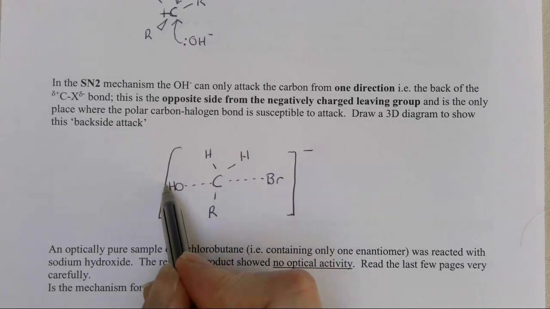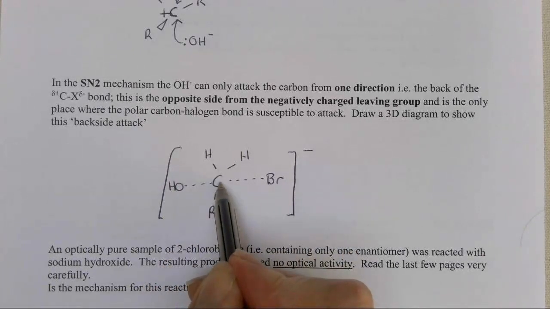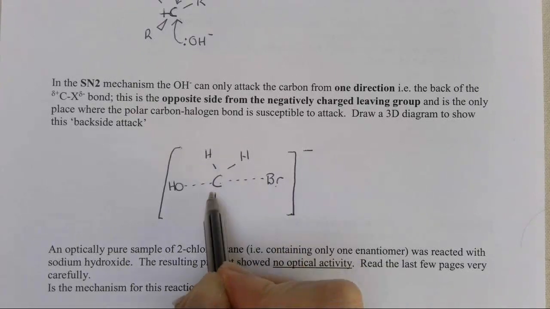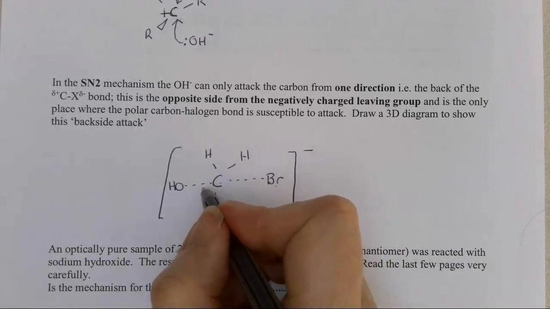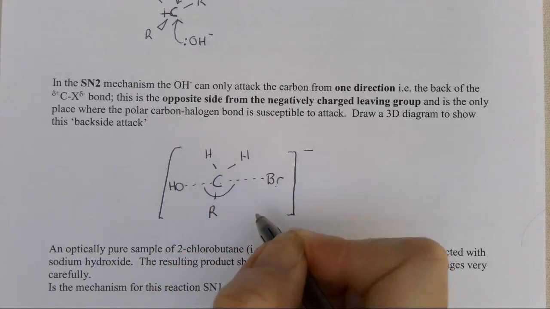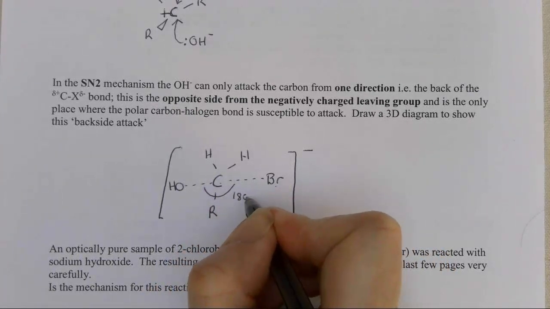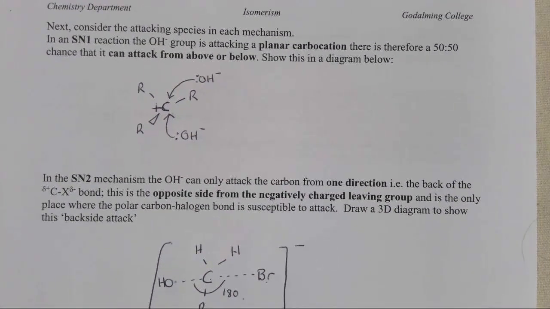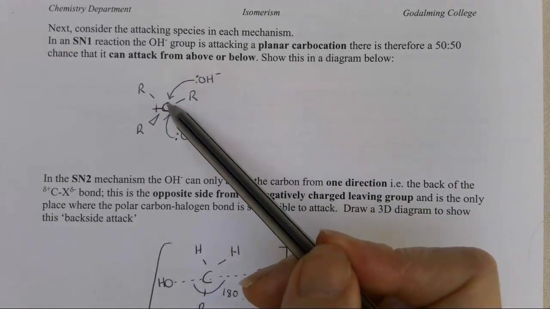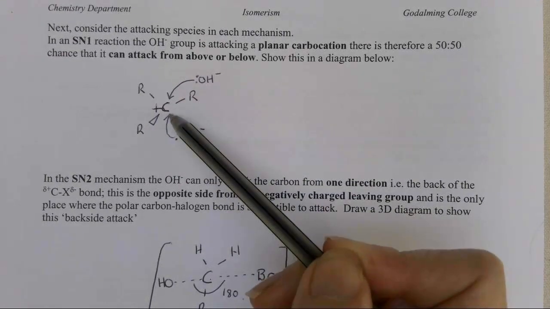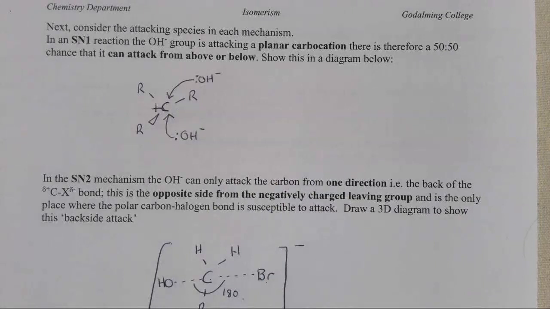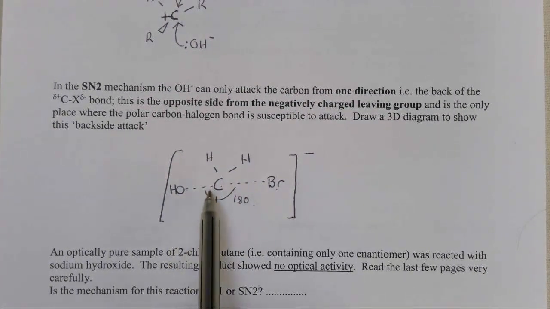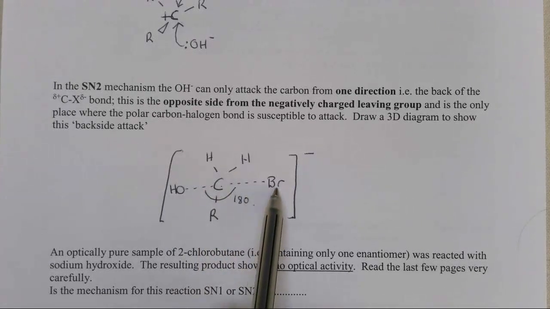So the OH group can only attack this carbon from the opposite side to the leaving group. So there's got to be a bond angle here between the incoming OH group and the outgoing Br group of 180. So first one, SN1, you've got 50% of them attacking from the top, 50% of them attacking from the bottom. In the second one, in SN2 mechanism, you've got the OH group attacking the carbon from the opposite side to the leaving group.